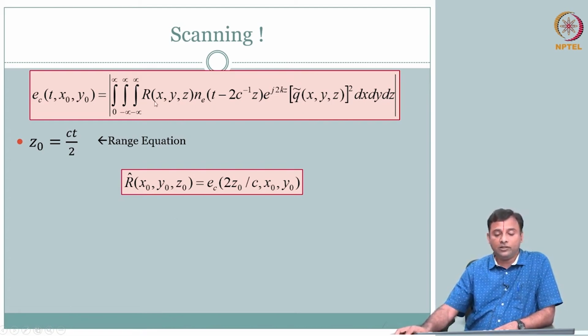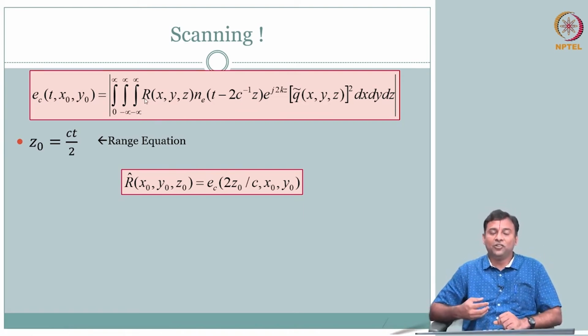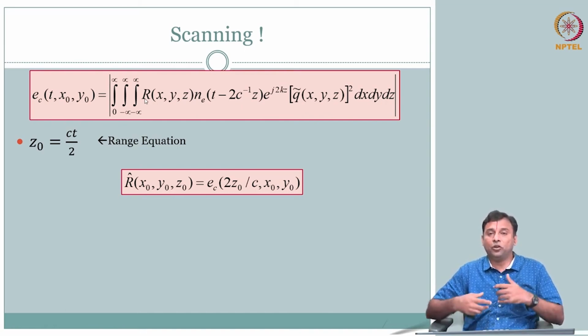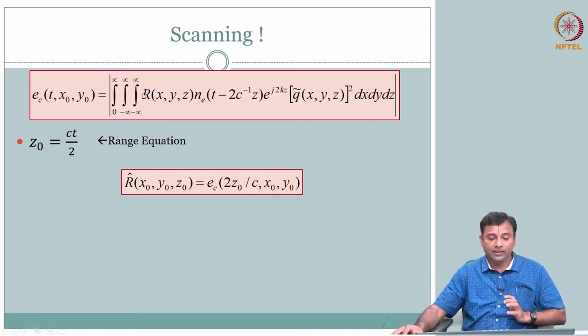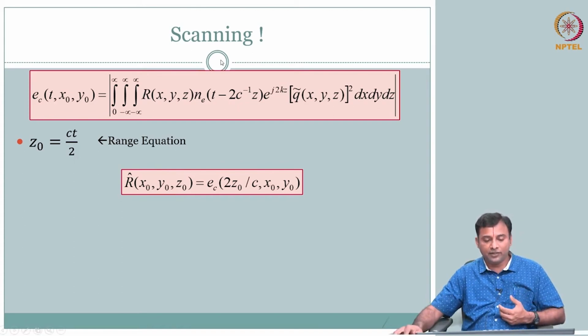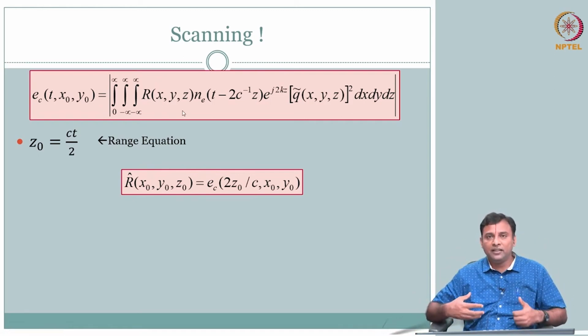Going by our notion, this is your ground truth distribution of R. Remember how we did this with mu in X-ray, the attenuation coefficient with respect to X-ray energy or gamma energy. Here, in ultrasound, what you are fundamentally going after is a 3D distribution of acoustic impedance mismatches, a distribution of acoustic scatterers, each one having its own acoustic impedance.